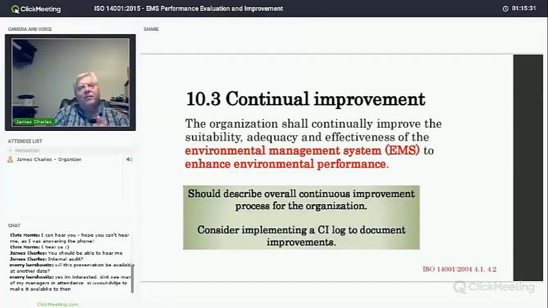Now, this is one that I'm a little bit interested to see how it gets interpreted. So if I have 4 measurables and none of them improves, is that a nonconformance to this requirement?